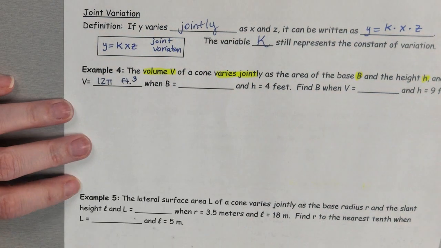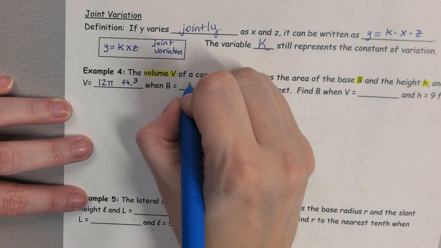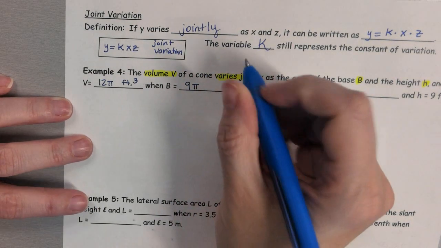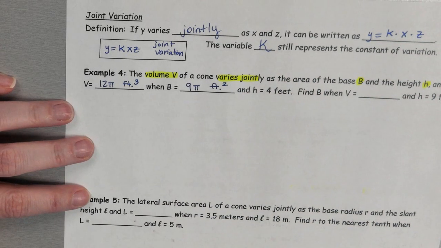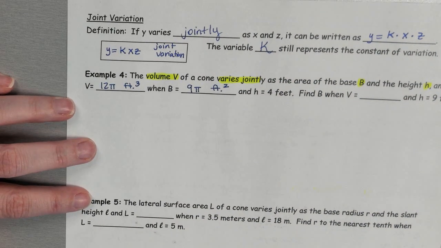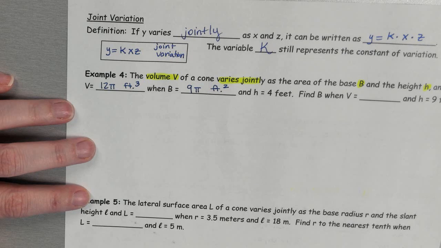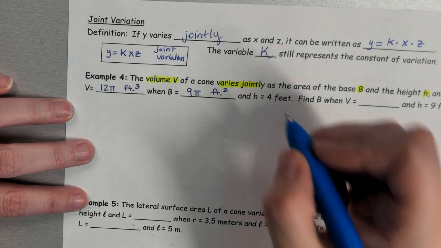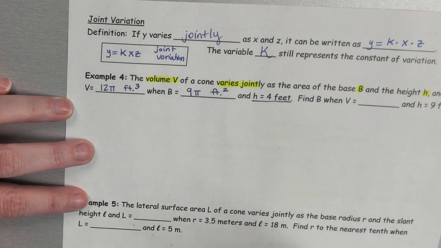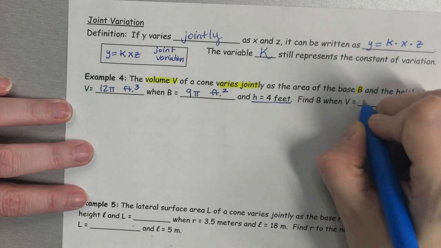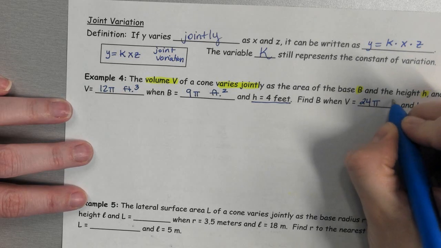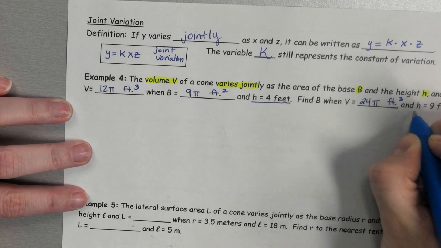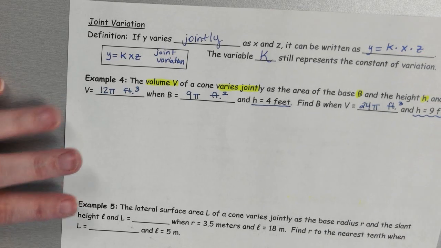So your final answer is going to have units on it. You do not have to plug the units in when you're solving. In fact, I recommend not doing it because it just adds more letters and numbers. Okay, so you have the volume and the area of the base, and the height is 4 feet. And then you have to find B when V equals 24 pi feet cubed, and the height is 9 feet.